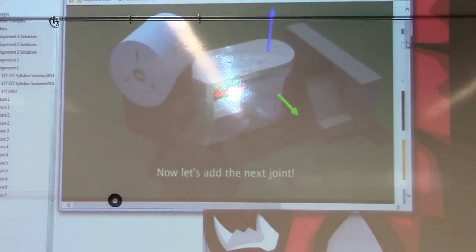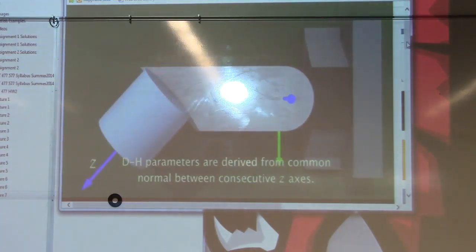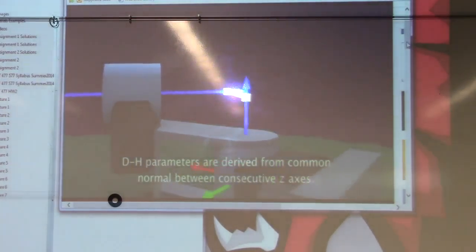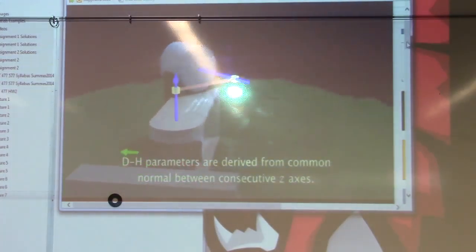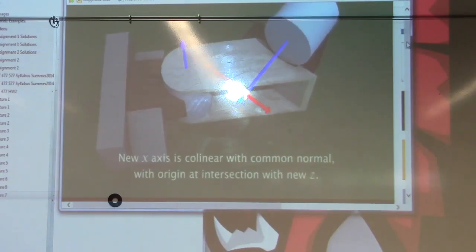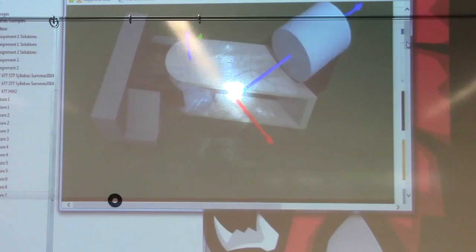Now if we add another joint, we can determine the transformation between them. As before, the z-axis points along the axis of rotation. The DH parameters will be derived from the common normal between these z-axes. The common normal is orthogonal to both vectors, and is also the shortest line between them. The new x-axis points along the common normal, and has its origin at the intersection of the new z-axis.